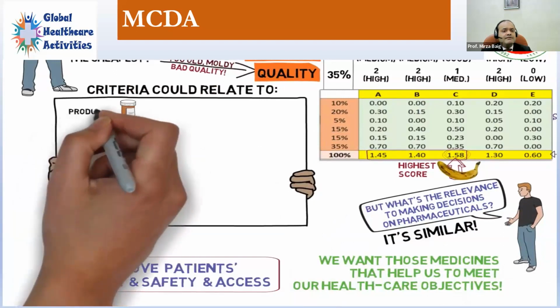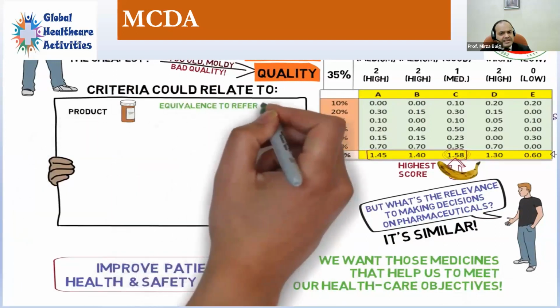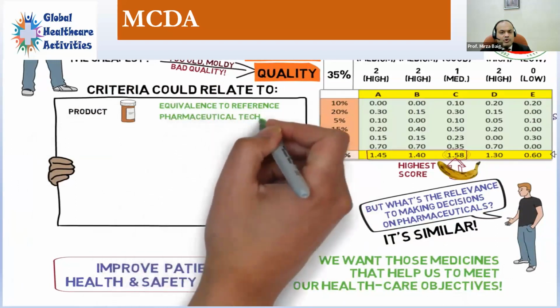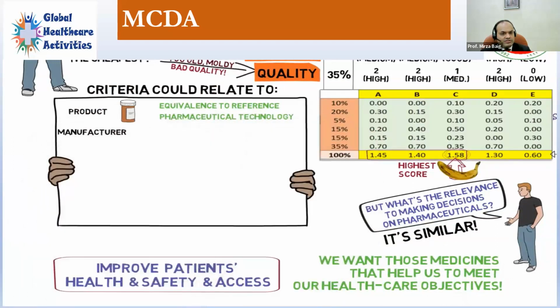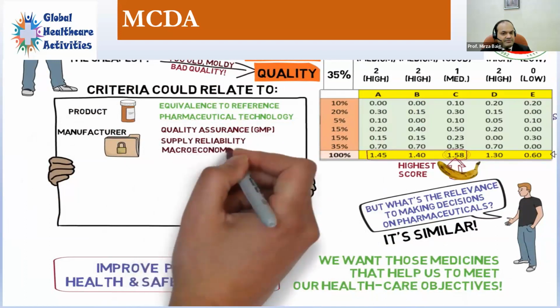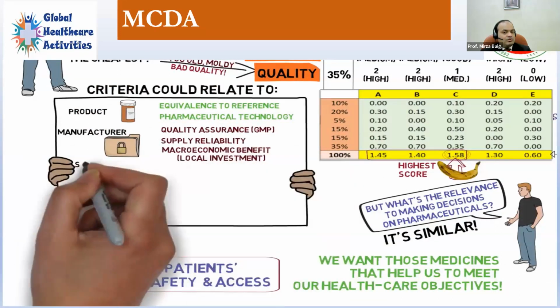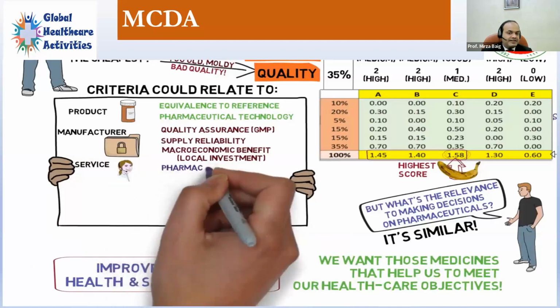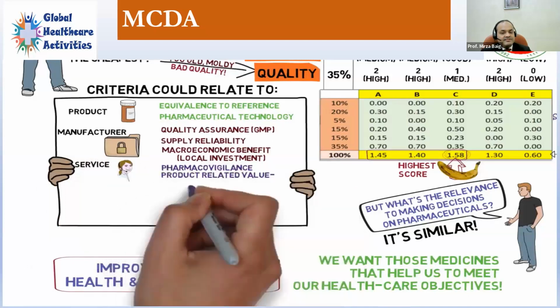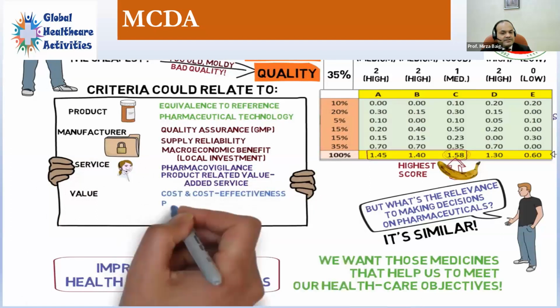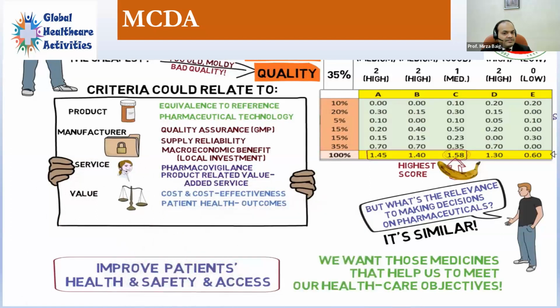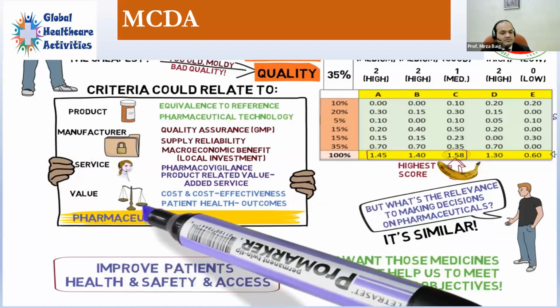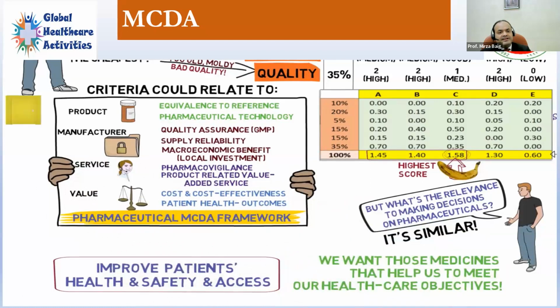For example, for the criteria for selecting medications, we can find out what the product is, whether it is the most cost effective, what technology is used, and who the manufacturer is, whether there is good clinical or manufacturing practice, and about the supply, the microeconomic benefit, the availability in the local market, and other services, whether they provide pharmacovigilance services, and whether they have better patient health outcomes or not. By having these multiple criteria, we can decide which product has the most cost effective outcome.